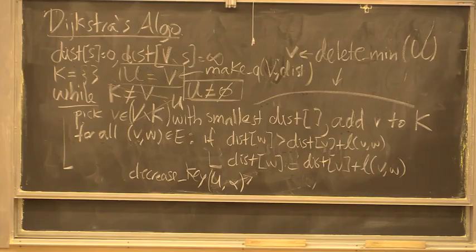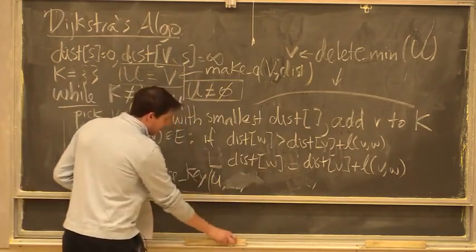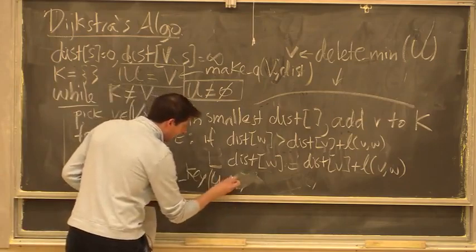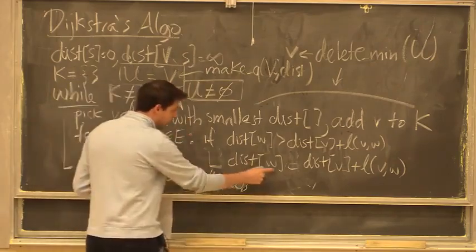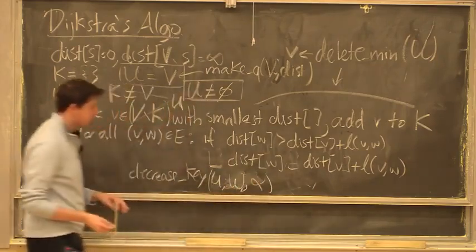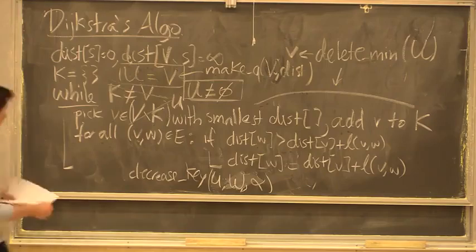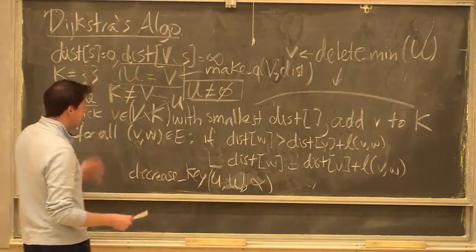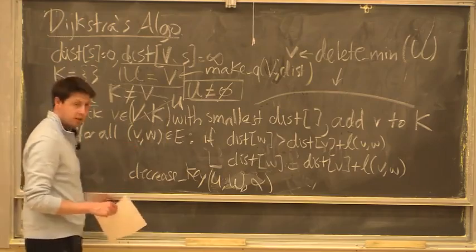So this is a function call that says, hey Q, please decrease, and I forgot to put the other argument, please decrease for the element W, which is the one that we're changing, set its key to be some smaller number, alpha. It looks a bit messy, but hopefully the incremental changes that we did are clear.